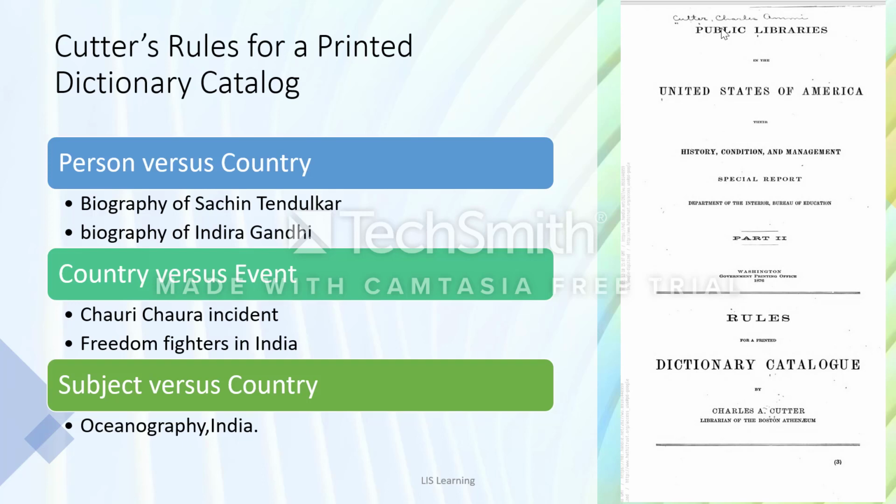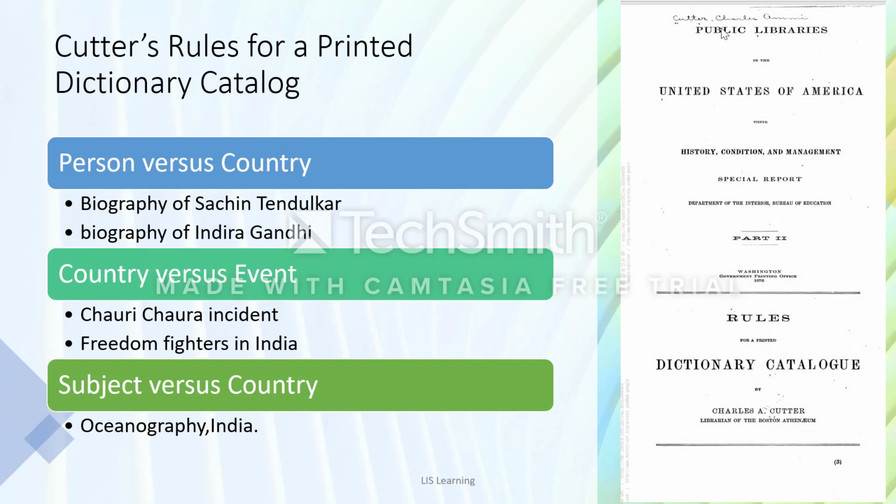If it is related to history or an event, it comes under her name and also under the country's name. In the case of country versus event, if the event is under a proper noun, here the Chauri Chaura incident is a proper noun, it comes under the event entry. If the event comes under a common noun, like freedom fighters in India, it is a common noun, and it comes under the entry of India.